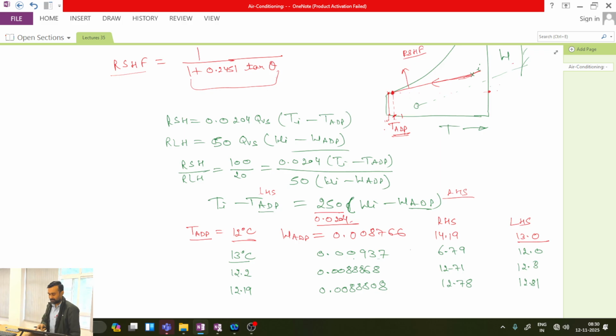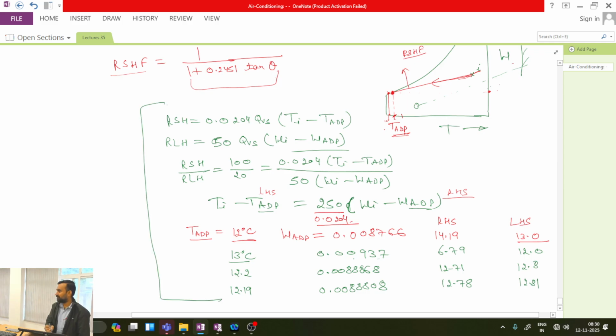Because if with the analytical method you go with the psychrometric chart, again you will get an approximate value, because at least this vertical line and this horizontal line you are drawing and then reading from the chart. Okay, is this one clear? So this entire process is what? This is the analytical method.